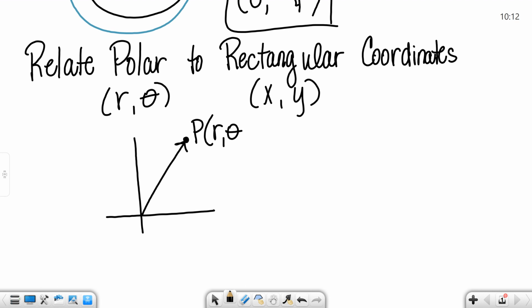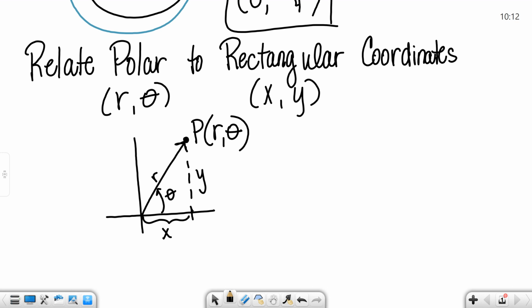I can name it r, theta in our polar coordinate system. This would be r, theta would be this angle. If I represent this in my rectangular coordinate system, it looks like x and y. Now the problem is you can't just say r is x and theta is y. That doesn't work.